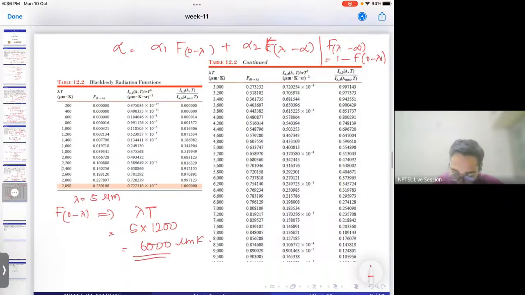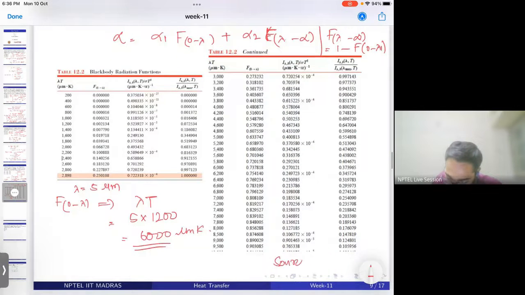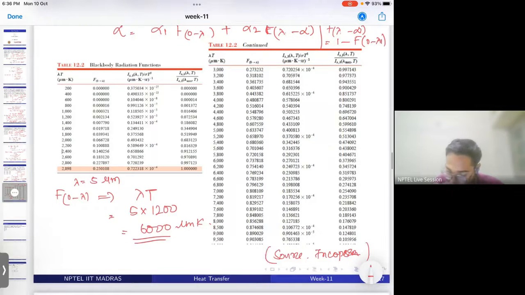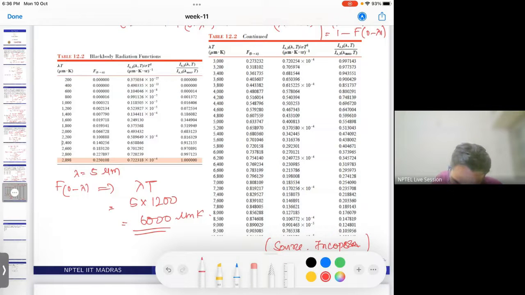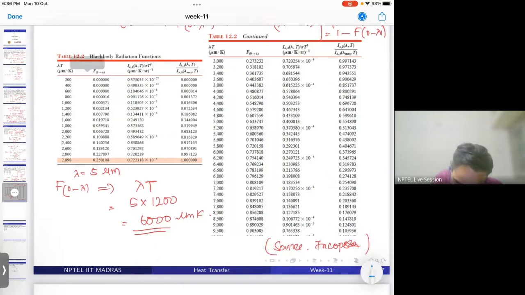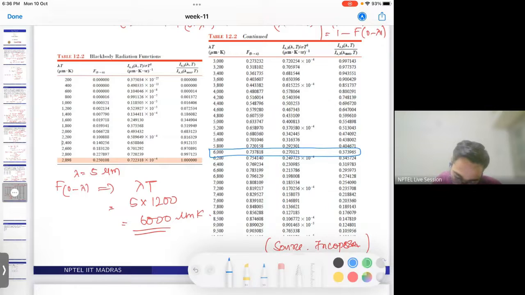I have taken this from the Incropera book, where the black body radiation functions are given. So we have to search for lambda T of 6000, and it is here.